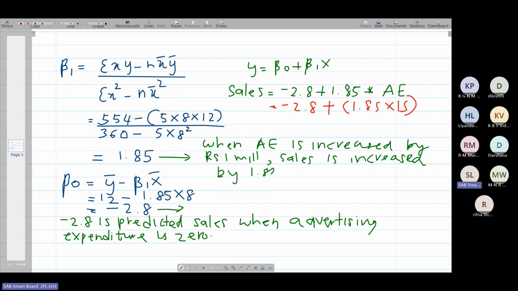The answer is $24.95 million, the sales revenue when the advertising expenditure is given. It's clear now.